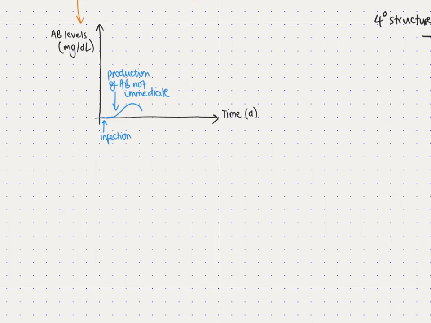Okay, it takes a little bit of time. We've got a slow and short and small increase in the antibody levels. And this is because really our plasma cells are just going to be focused on fighting that primary infection.